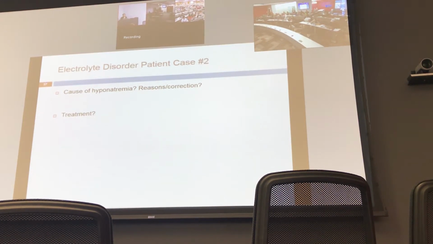We were thinking maybe dilutional hyponatremia from giving too much fluid in the DKA, because you normally give 1 to 2 liters, so maybe it's too much for the patient. Okay. Anyone else have any thoughts? Because of the hyperglycemia?